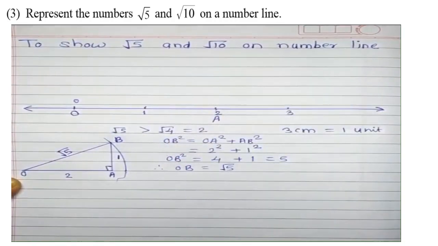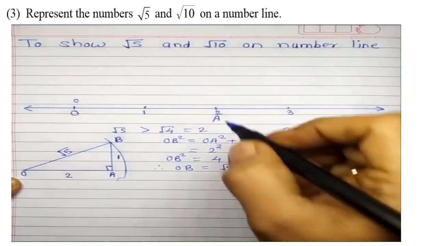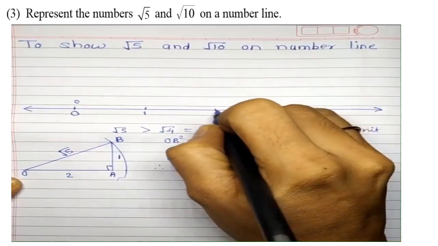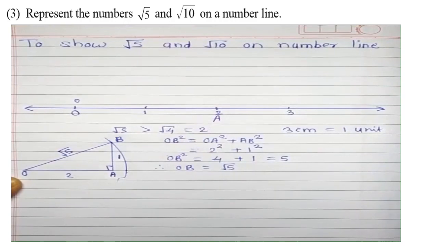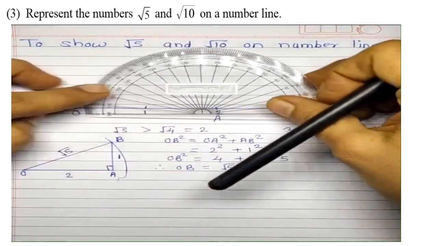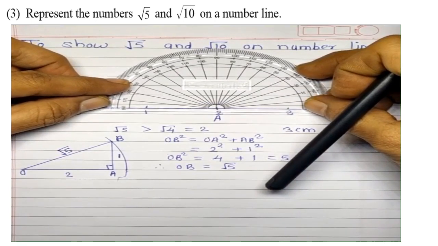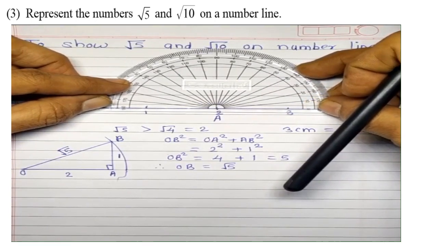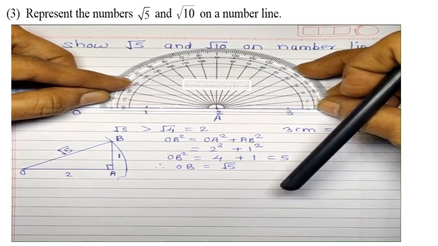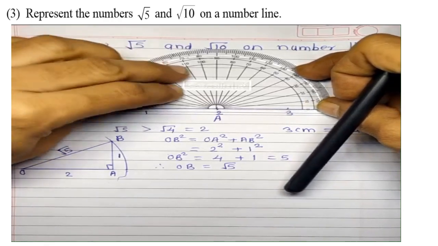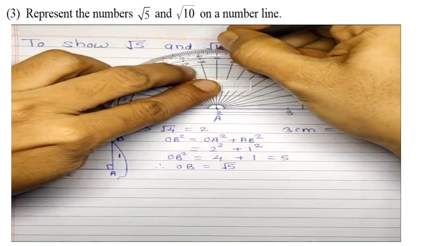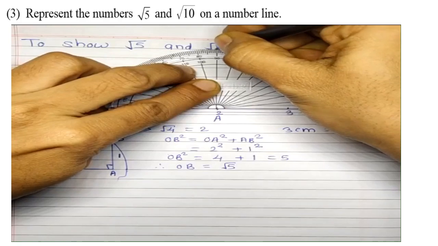Right angle means what? 90 degrees angle. So I need to draw a 90 degrees angle here. So I am taking protractor and by using that I am drawing the 90 degrees angle here. Be careful that your line should coincide with the horizontal line of the protractor. Correct? So here I am marking 90 degrees.